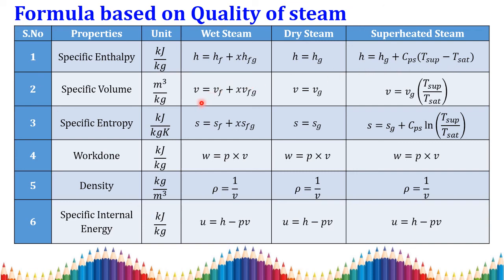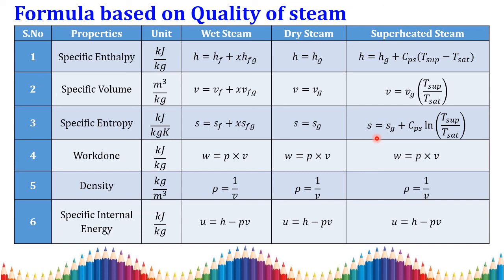For specific volume, for the wet condition v is equal to vf plus x into vfg, for dry steam v is equal to vg, and for superheated steam v is equal to vg into Tsup by Tsat. For specific entropy, s is equal to sf plus x into sfg, for dry steam s is equal to sg. For superheated, s is equal to sg plus cp ln of the ratio of T superheated divided by the saturation temperature.